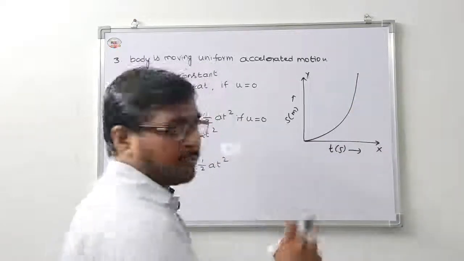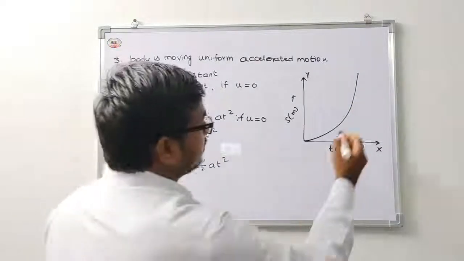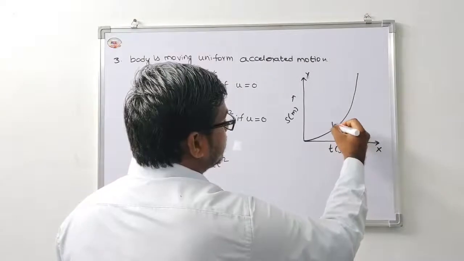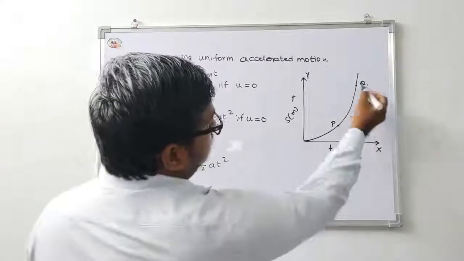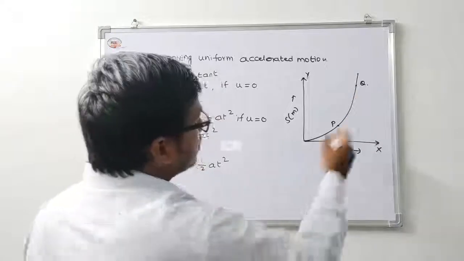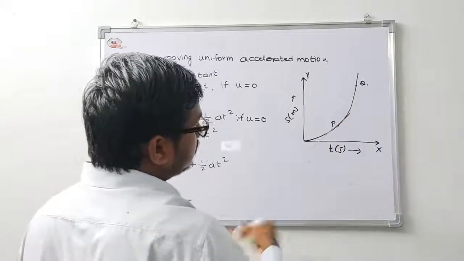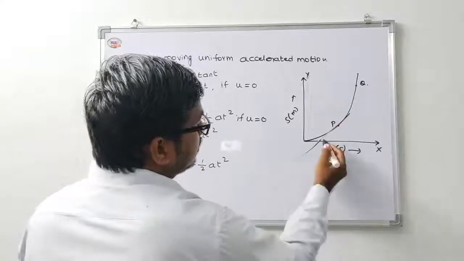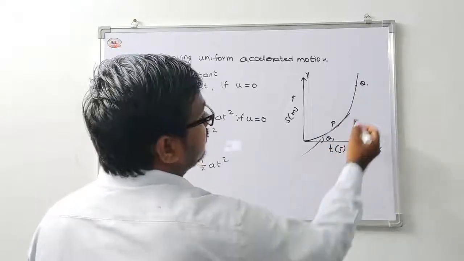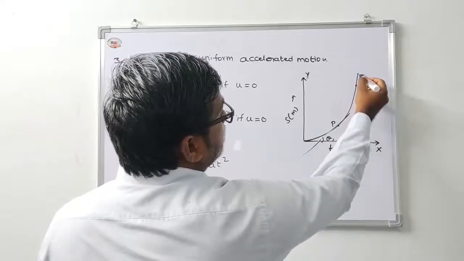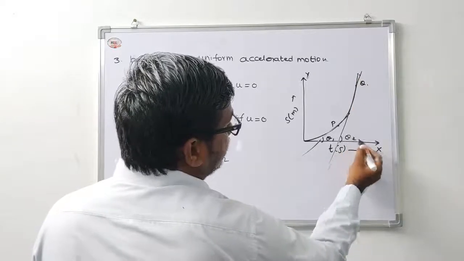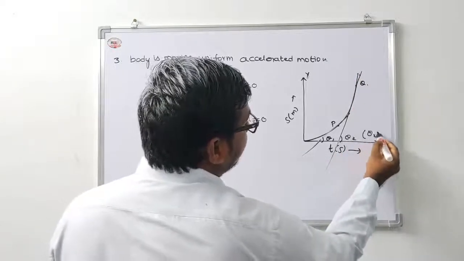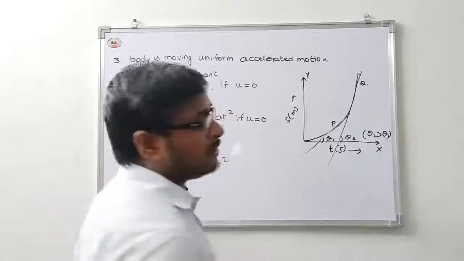Okay, this is the shape. For example, this is the P point and this is the Q point. The tangent is drawn, so the angle is theta 1. This is drawn, and that angle is theta 2. Then theta 2 is greater than theta 1.